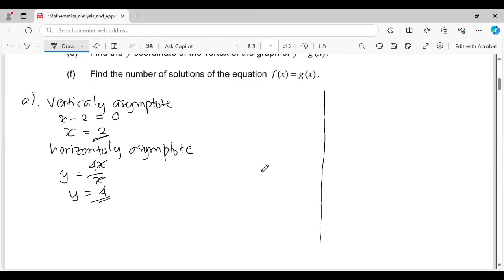Okay, and then this is the y-axis, and this is the x-axis. X equals 2 around here. Okay, this is the asymptote, the straight line, the vertical asymptote.